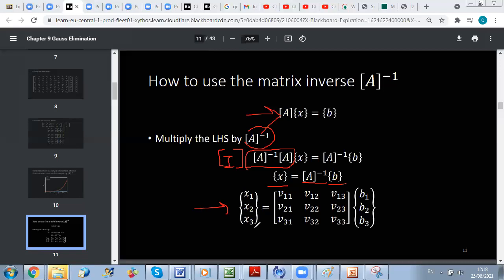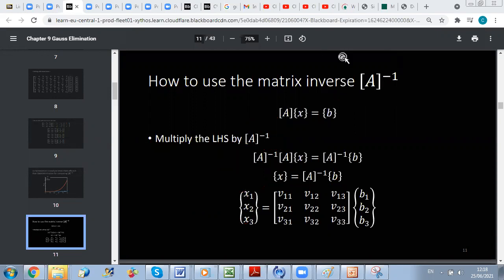But in all cases, you still have coupling between the equations. If you are doing backward substitution and want to get x1, you will start with x3, then move to x1. But what if I just want to find x1 without calculating x2 and x3? This is possible by using the matrix inverse A minus 1.